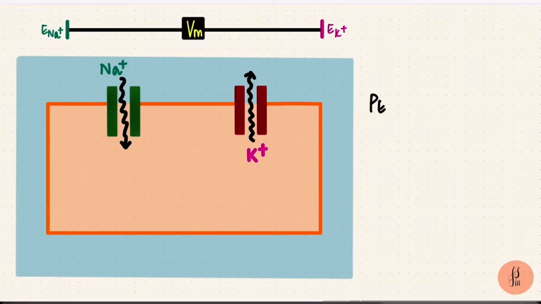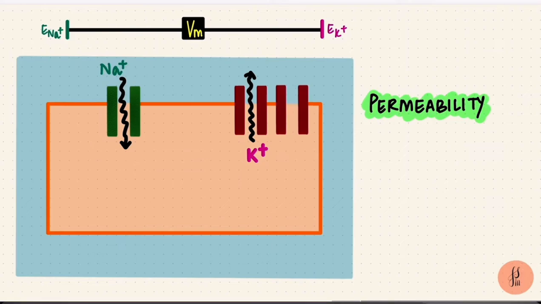That's where another factor comes in, permeability. The more permeable the membrane is to an ion, the closer the membrane potential is going to get to that ion's equilibrium potential. It makes sense, because if more potassium ions can leave the cell compared to sodium entering, they've got more influence on what happens to the membrane potential.